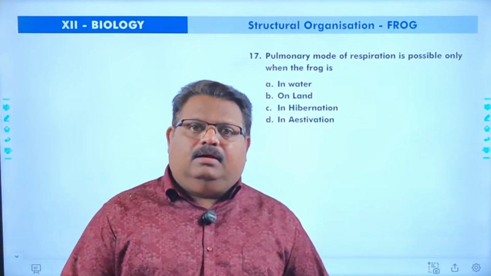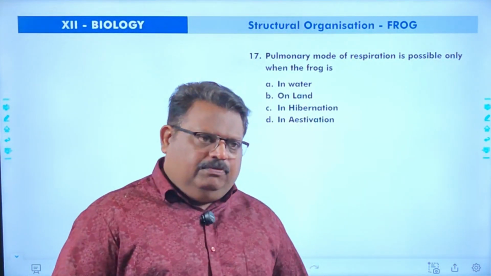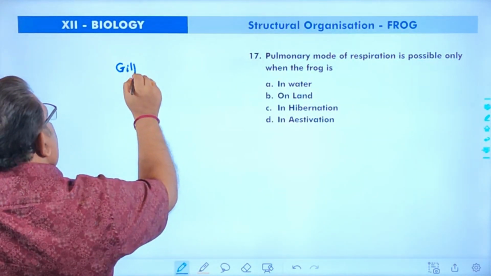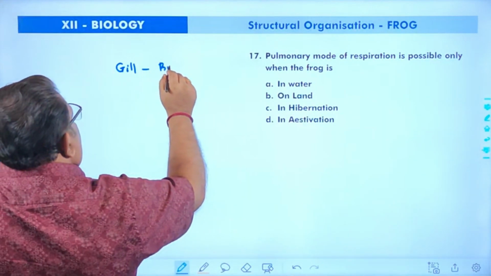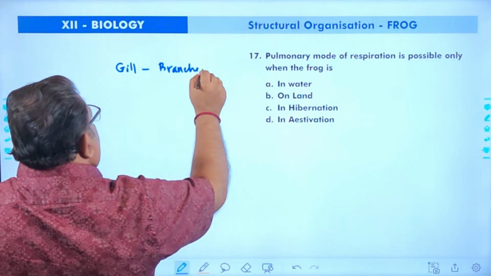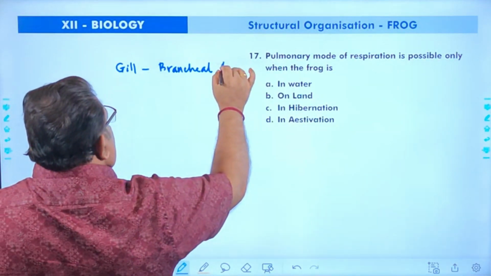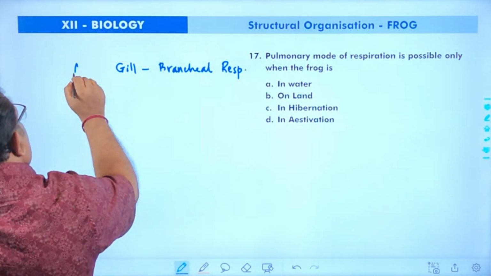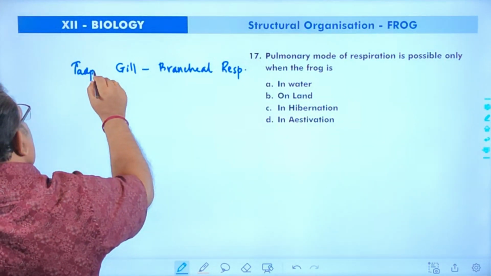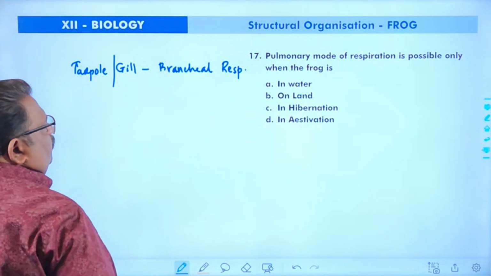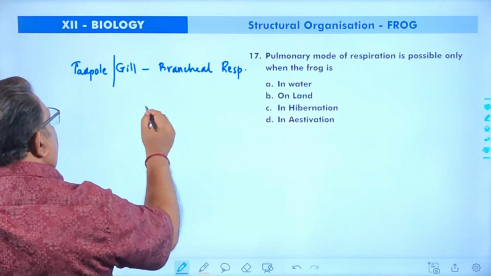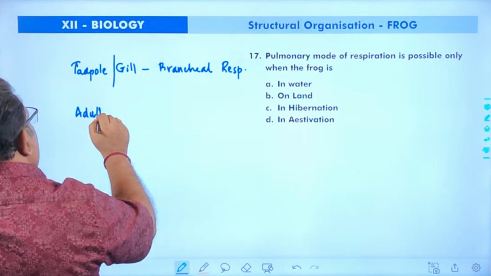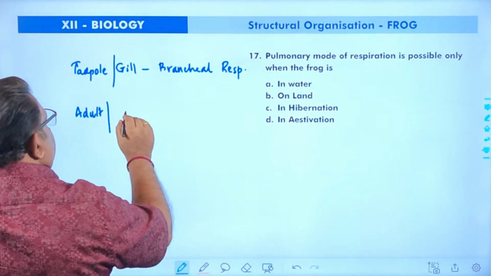Next question is regarding the mode of respiration. In frog you can see that gill respiration is there. It is called branchial respiration. This is present in larva, tadpole. Then in the case of adult frog, three types of respirations are there.